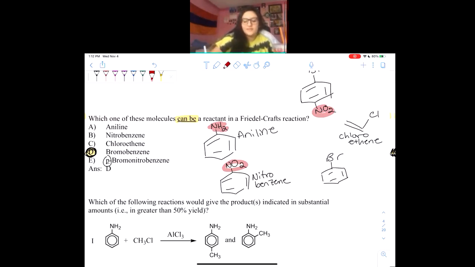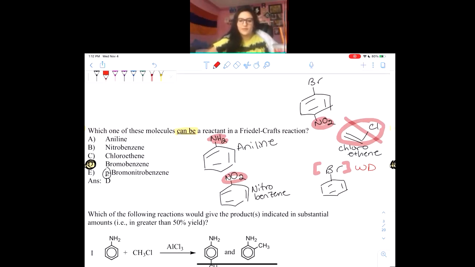And the reason C will not work is because this is an electrophilic aromatic substitution. This is not aromatic, so it cannot work. So D is the only one that works because this is a weak deactivator. Any questions on this one?